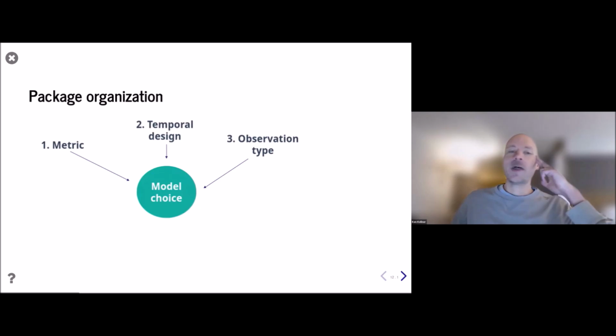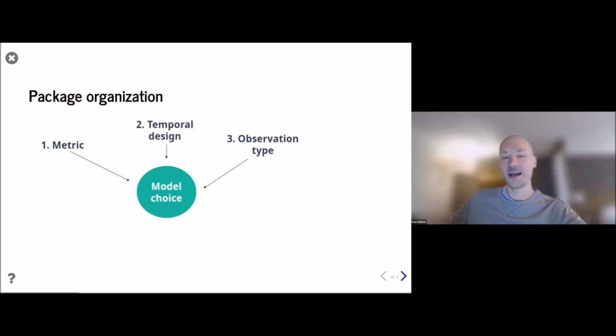So here's a diagram that represents kind of my concept of the overall organization of the package that involves three questions that will help you decide which model type specifically to use within the package, since there are many, as we'll see here in a few slides. So the first question is, what metric are you trying to model? And so that would be either abundance or occupancy.